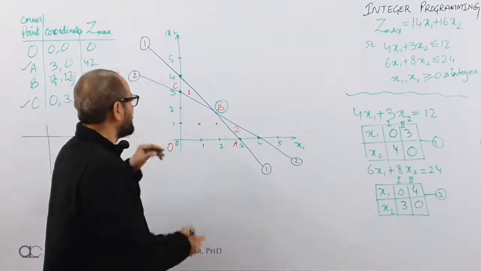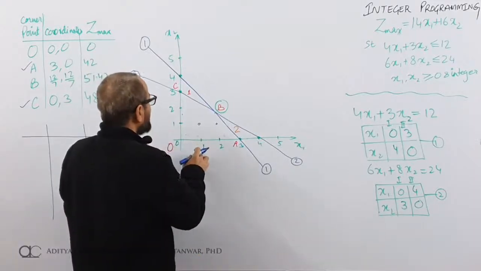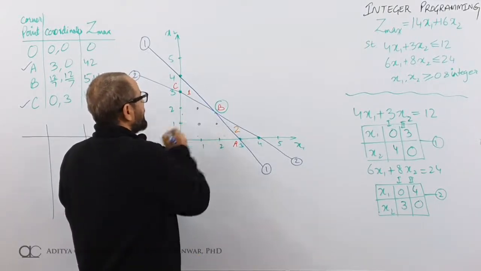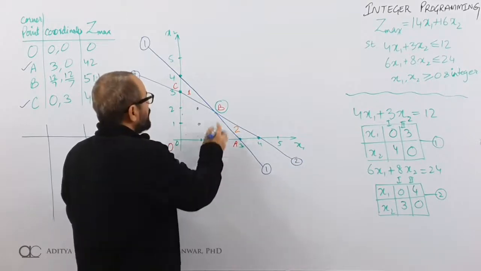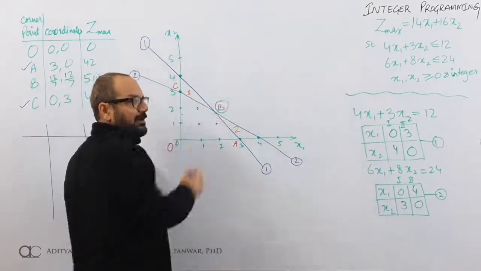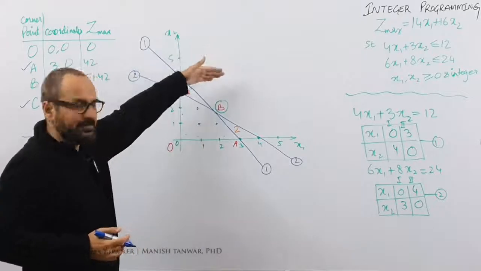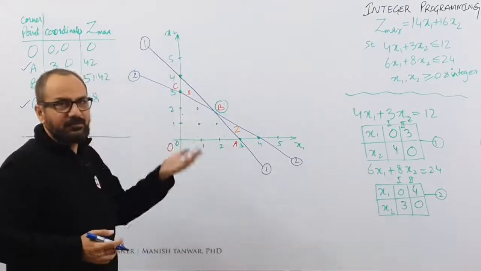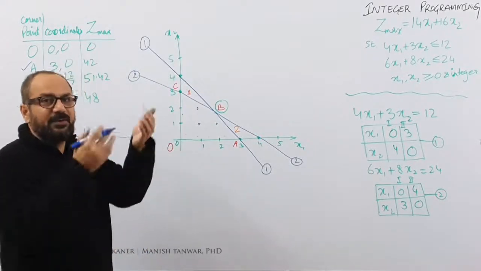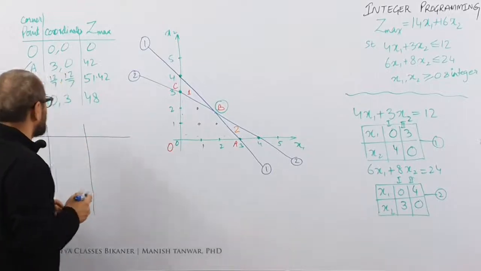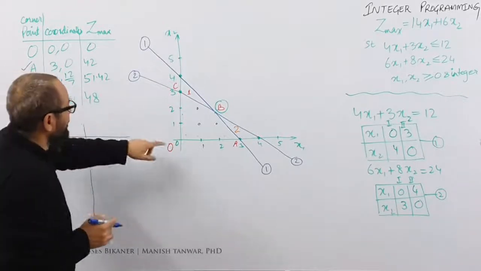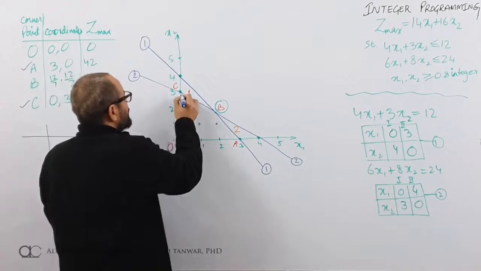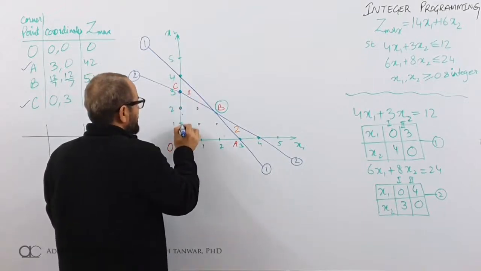That is not a lattice point for me. Then 1 and 2, definitely it is a lattice point. Then 2 and 1 would again fall outside my feasible region. So these three are new additional points which could give me my best result. Already I have checked A. All these are lattice points which are integer solutions.